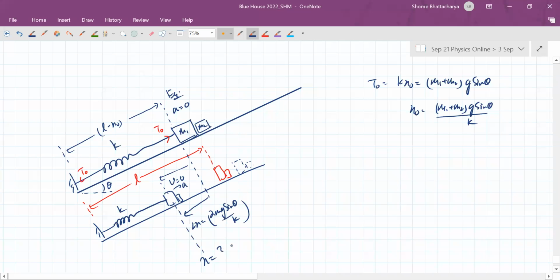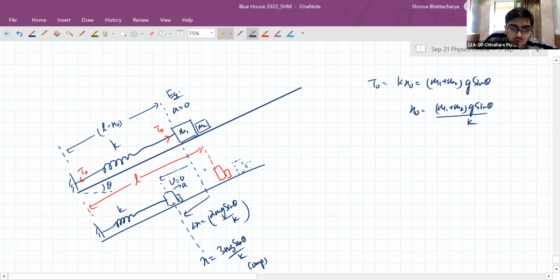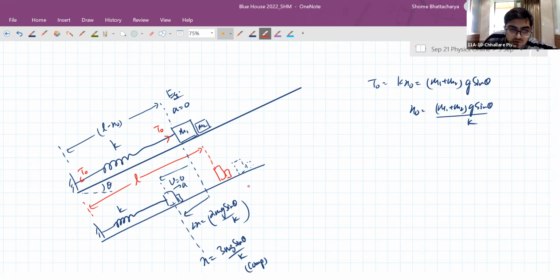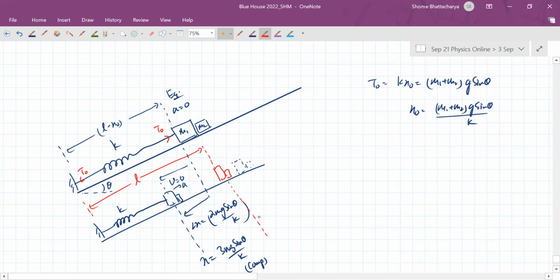It is 3 mg sin theta by k, and it's a compression of this much. Okay, so the initial equilibrium plus the compression. Yes. Okay. Now, if this is the position where x is equal to 0 for the spring, then after this is a position where there is extension.